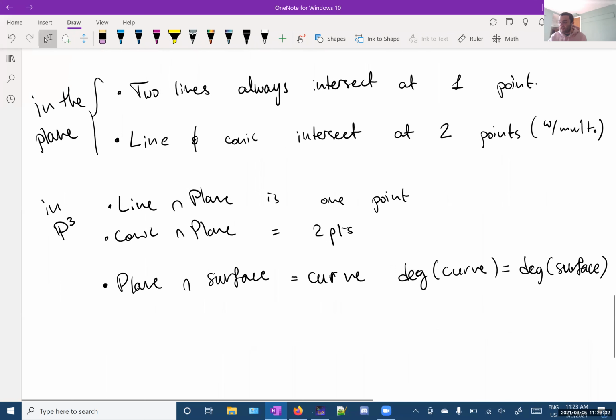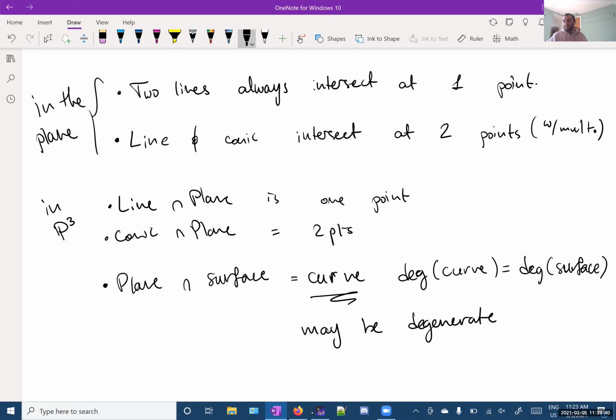The key is that this curve may be degenerate. Okay, so when I say this, I mean, like we said, a degenerate conic curve, for example, might be two lines, the union of 2 lines.